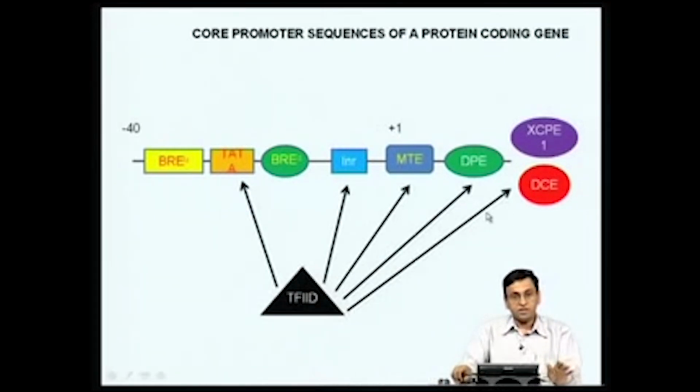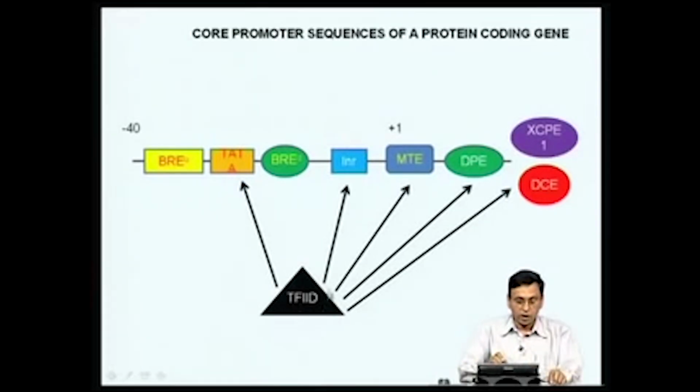Now what has also been demonstrated is that the TATA box is not the only sequence to which TFIID binds. As you know, TFIID is nothing but the TATA binding protein and a bunch of proteins called TAFs, TBP associated factors. I told you in the last class that it is TFIID which is involved in promoter recognition, and the TBP component of TFIID recognizes the TATA box, and the DAB complex is therefore formed on the TATA box.